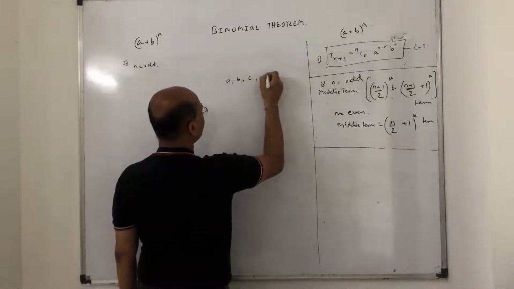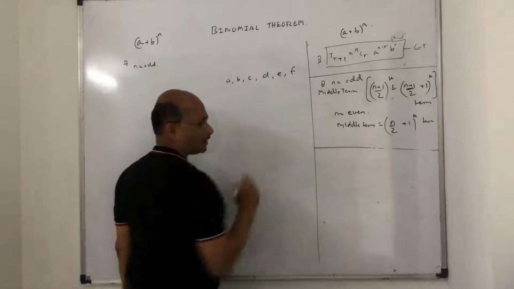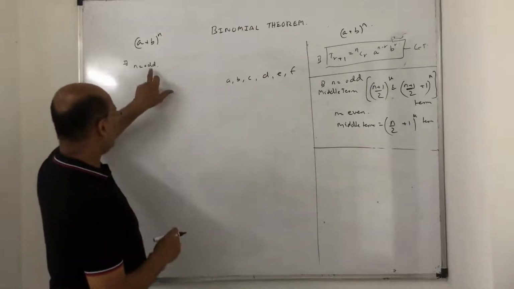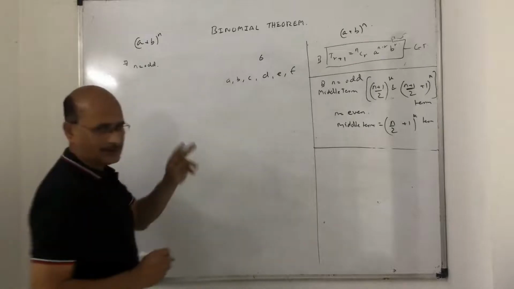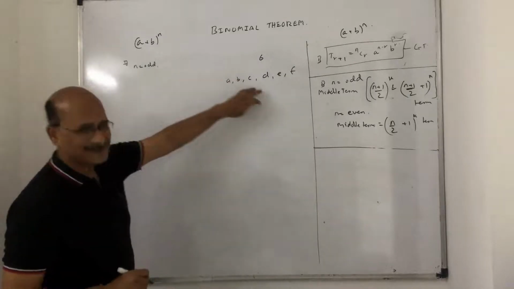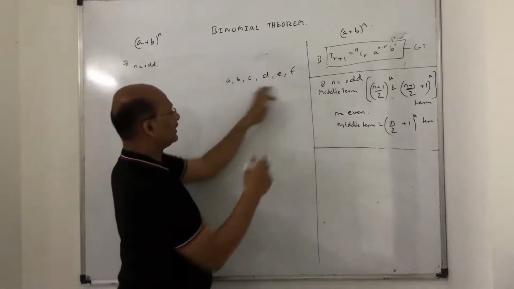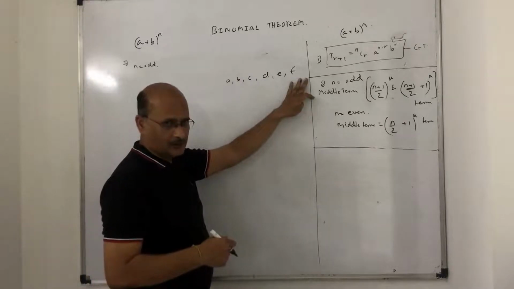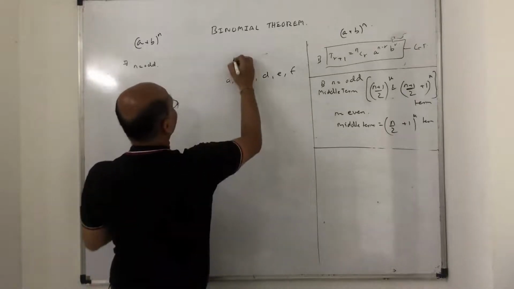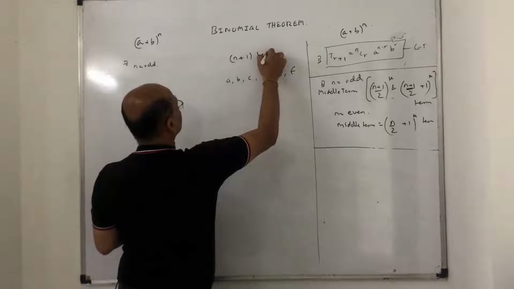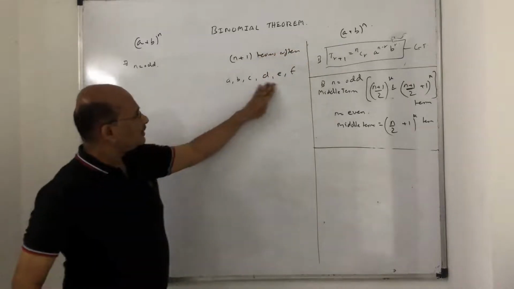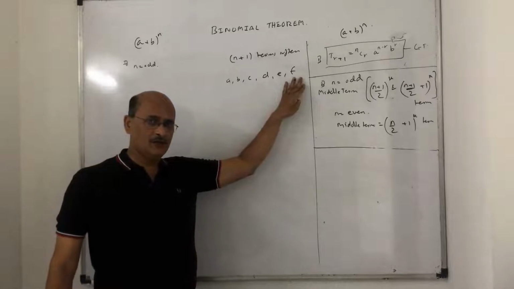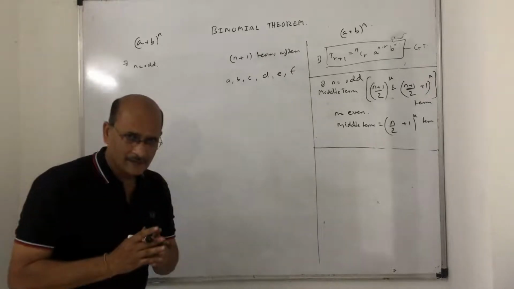A, B, C, D, E, F. This is an example I am sharing. So if n is odd, you are going to get, for example, 6 terms after expansion. I just give an example: 6 terms, even number of terms, because we have n plus 1 terms after expansion. So when there are an even number of terms after expansion, finding the middle term will be difficult. Correct?